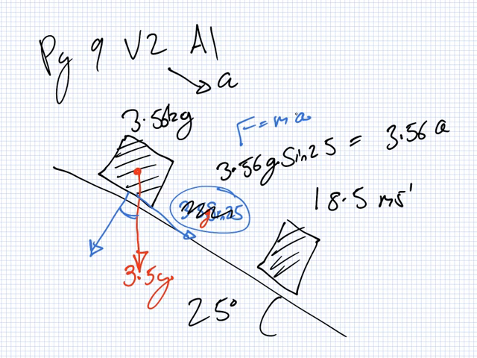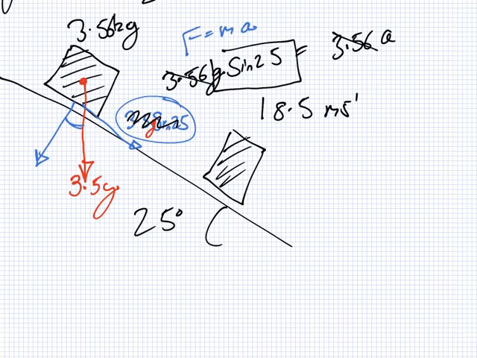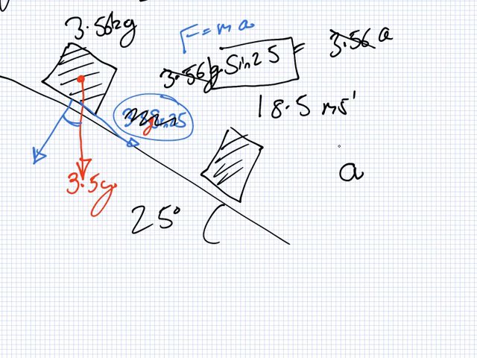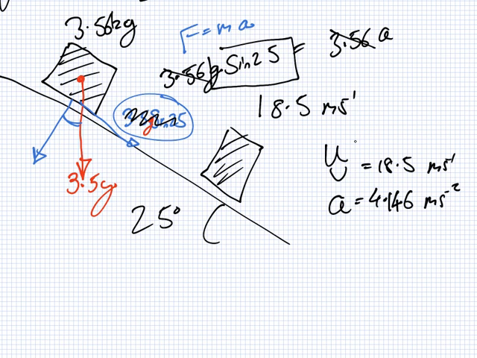So I should divide by 3.56, and so the a is g sine 25. Can you tell me what that is, please? 4.146. Okay. And the v is 18.5 meters per second, and the u is 0.